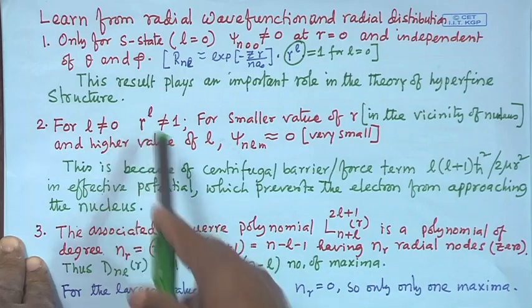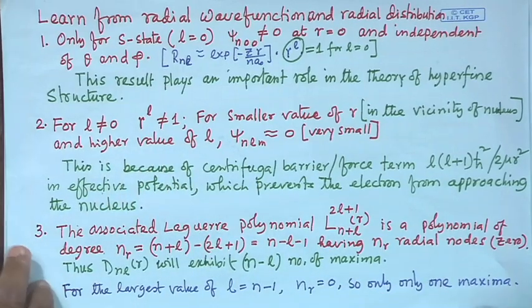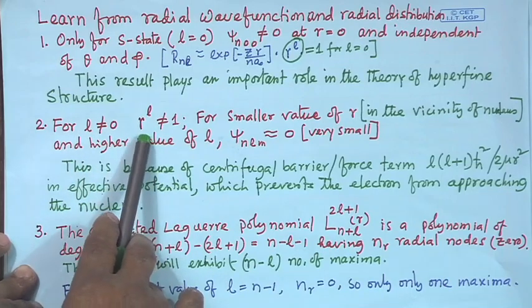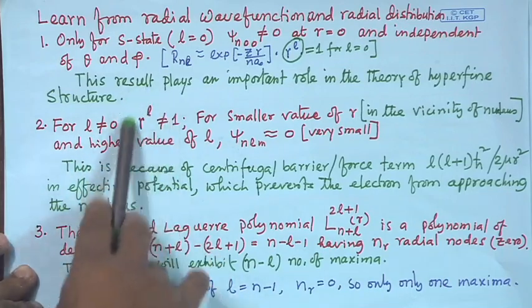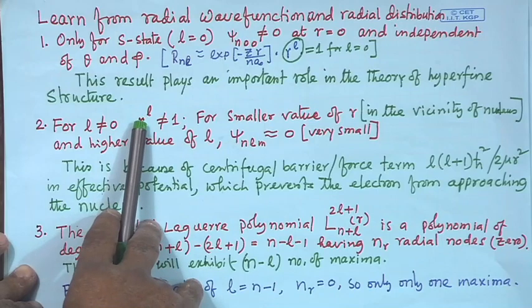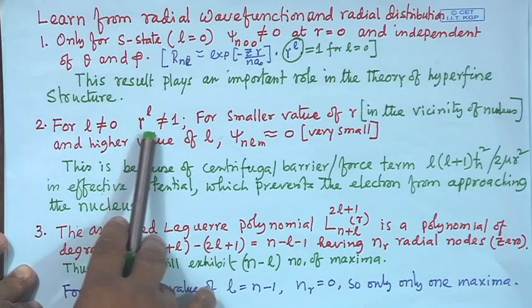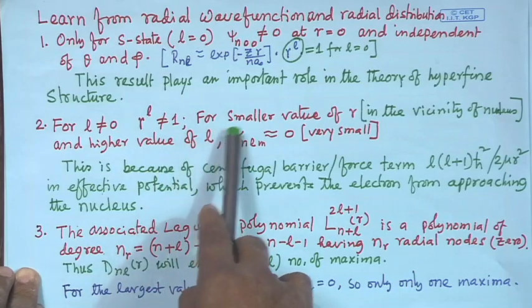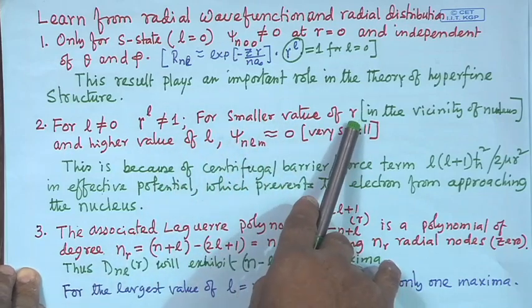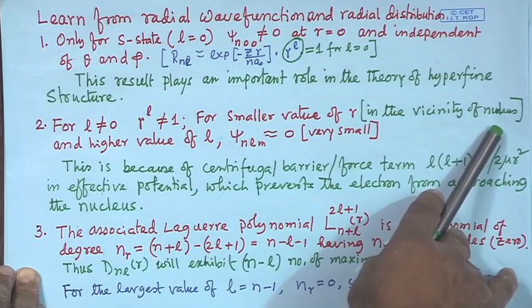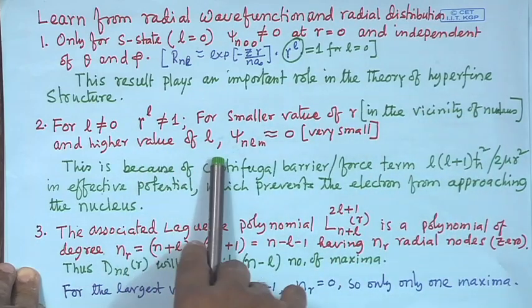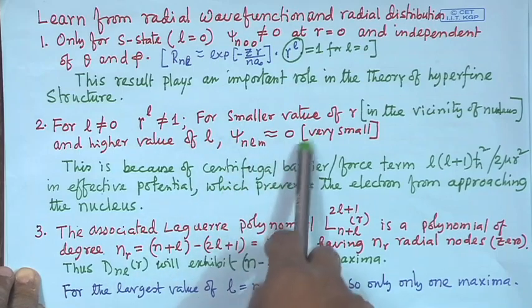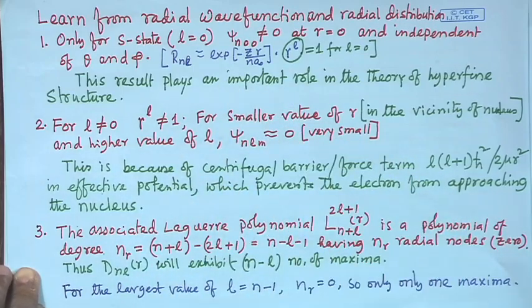Second information we got is that for L not equal to 0, r to the power L, which is in the radial wave function, is not equal to 0. So for a smaller value of r, meaning in the vicinity of the nucleus, and a higher value of L, the wave function psi n L m is very small, almost 0.